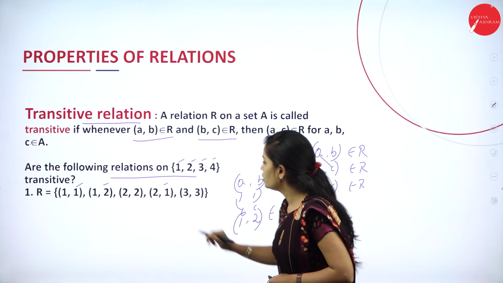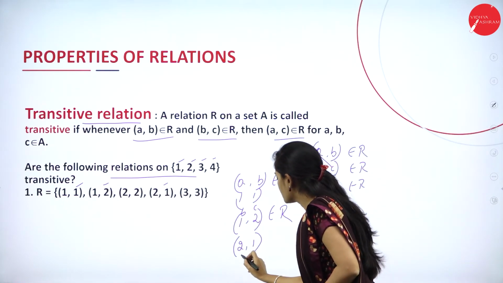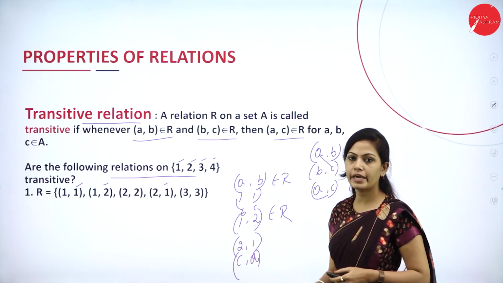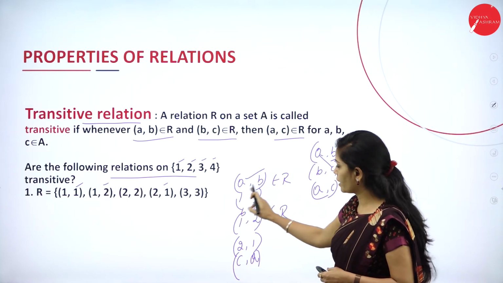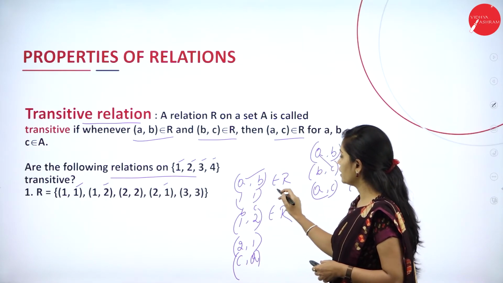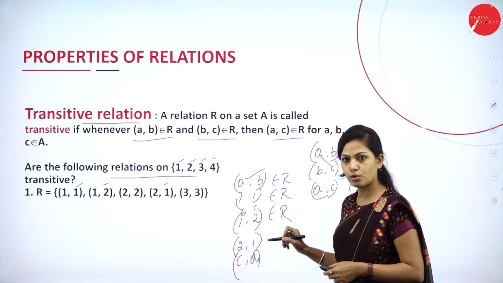And I have (2,1). So this is c and this is a; (a,c) or (c,a) are the same. So it satisfies (a,b), that is (1,1) belongs to R, a value is 1, b value is also 1.